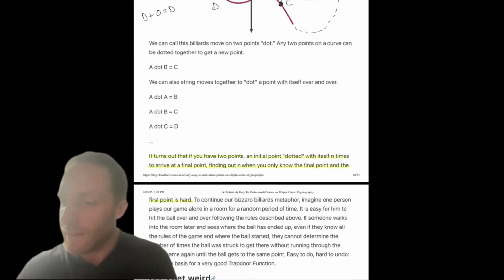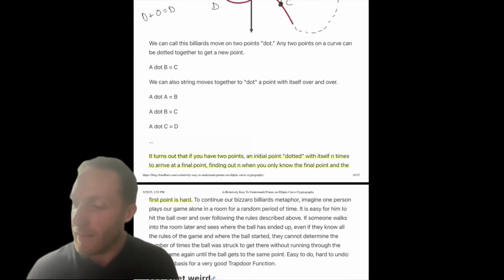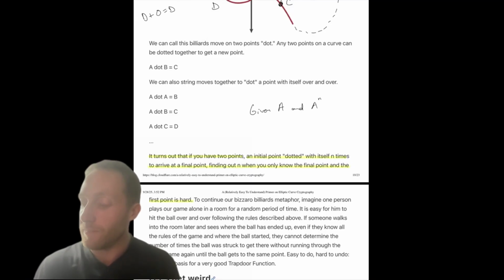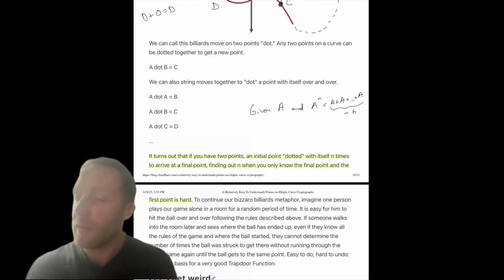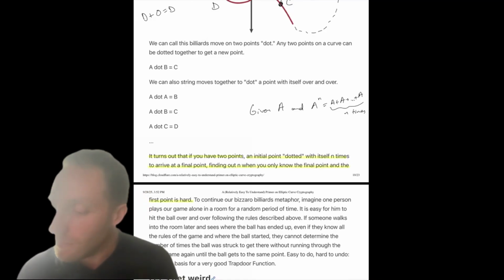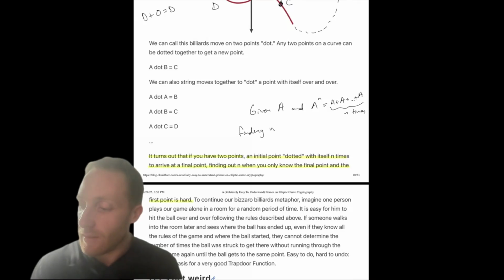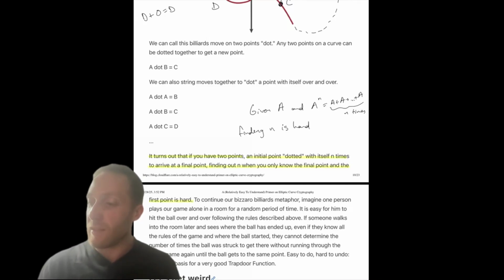In math symbols, given a and a to the n, meaning a plus blah, blah, blah, plus a, n times, finding n is hard, right? And this is called the discrete log problem.